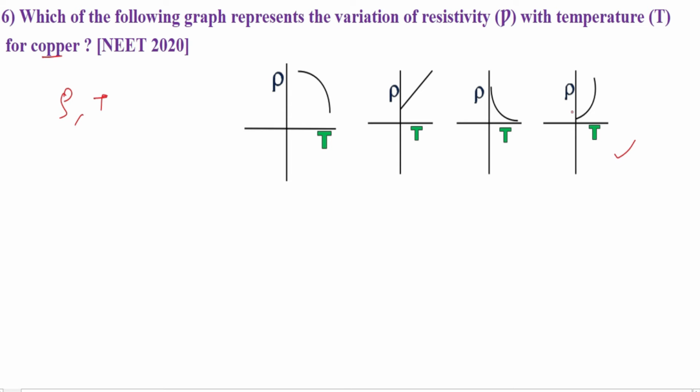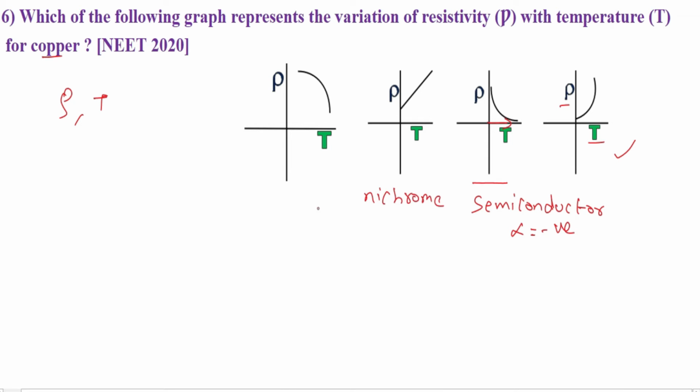Okay, so for copper, the resistivity will change with temperature like this, and this is the graph for semiconductor. Okay, semiconductor. And for semiconductor, we know that the value of coefficient of resistivity is negative. That means as temperature increases, the value of resistivity will decrease. Okay, and this is for nichrome.